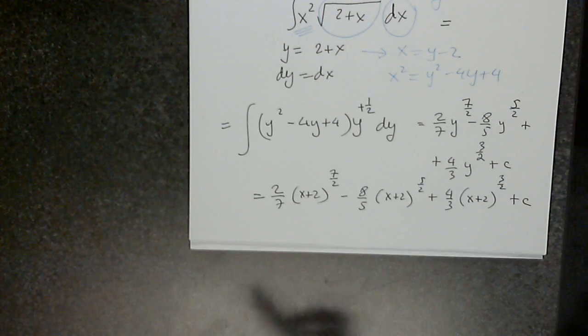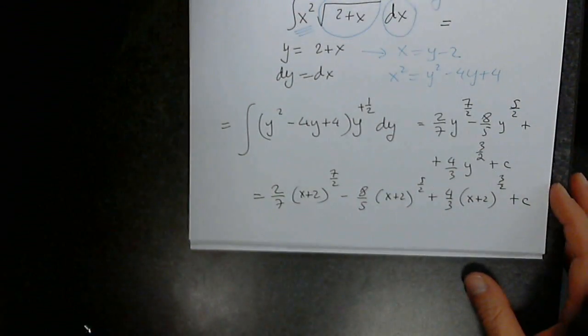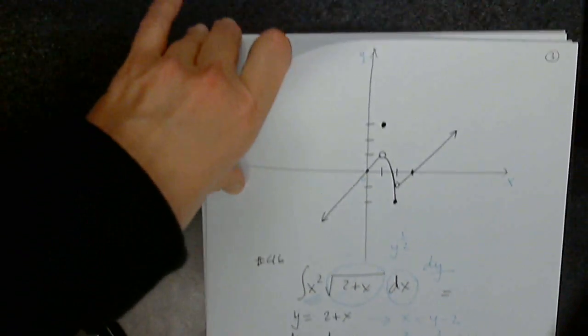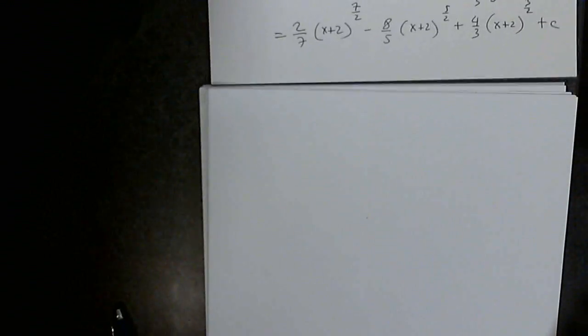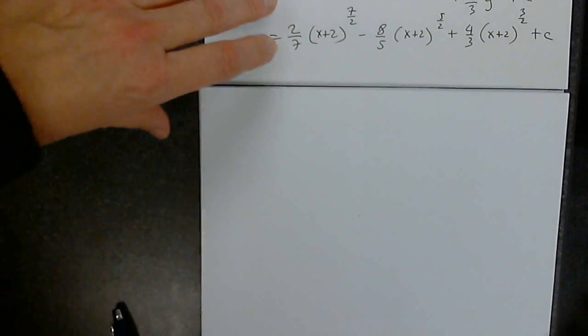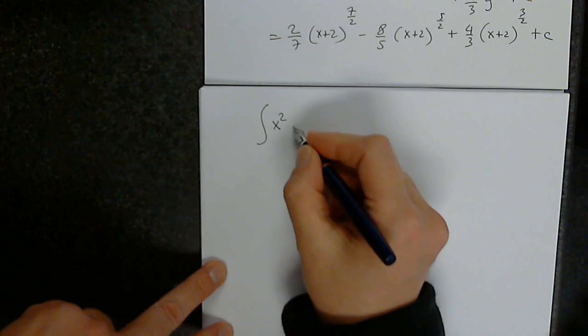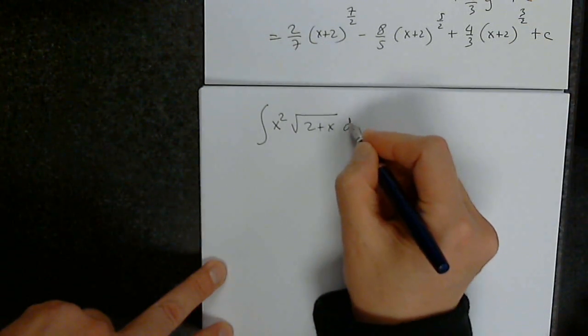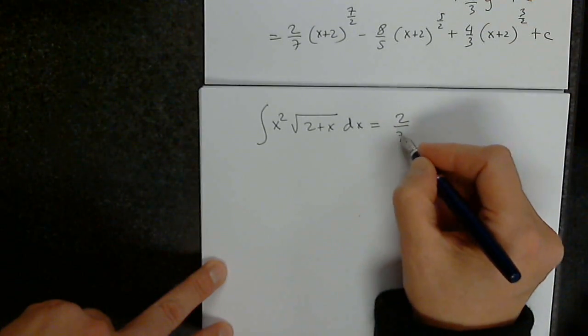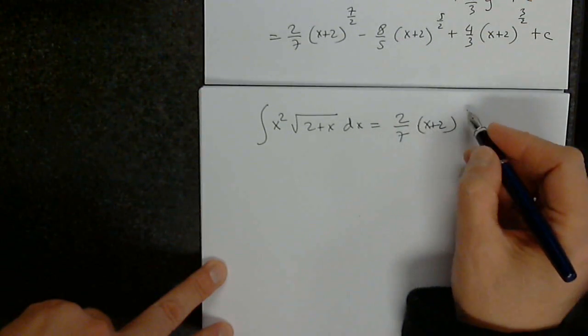Can I verify? I have doubts about this. This is an indefinite integral. I've taken the derivative of both sides. Of both sides, exactly. Let's verify, just for this one. So my claim is this.